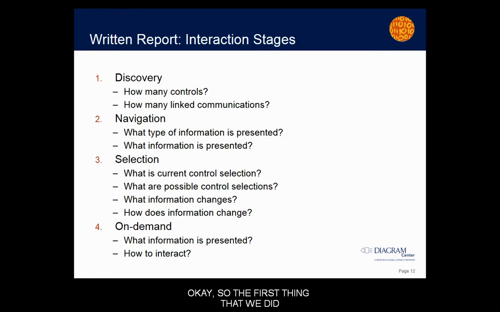Okay, so the first thing that we did is we broke down the interaction stages of somebody using a user interface, an interactive widget on a computer. The first stage is discovery, meaning you are exploring your computer screen and you discover something that is interactive, and you need to know some basic information like how many controls are available and how many linked graphics are there or other communication methods are there.